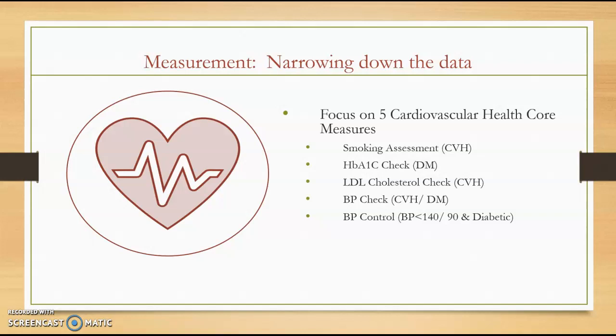Blood pressure checks, so checking the blood pressure of your patients and making sure that the blood pressure is controlled, so less than 140/90 for those patients who are diabetic.